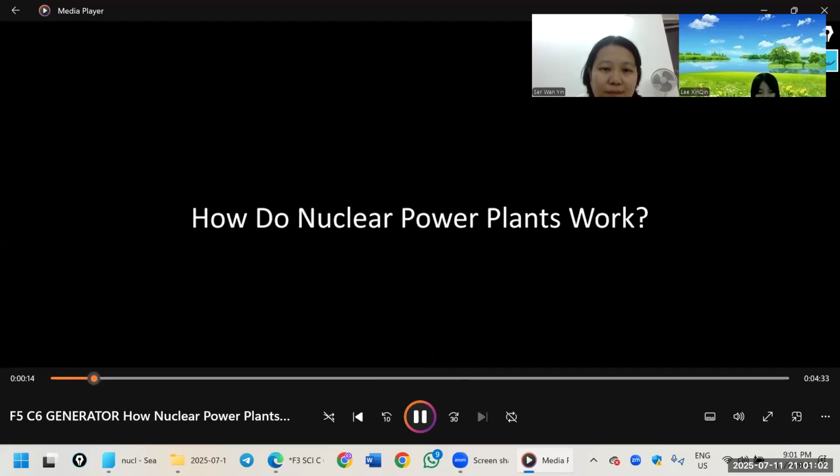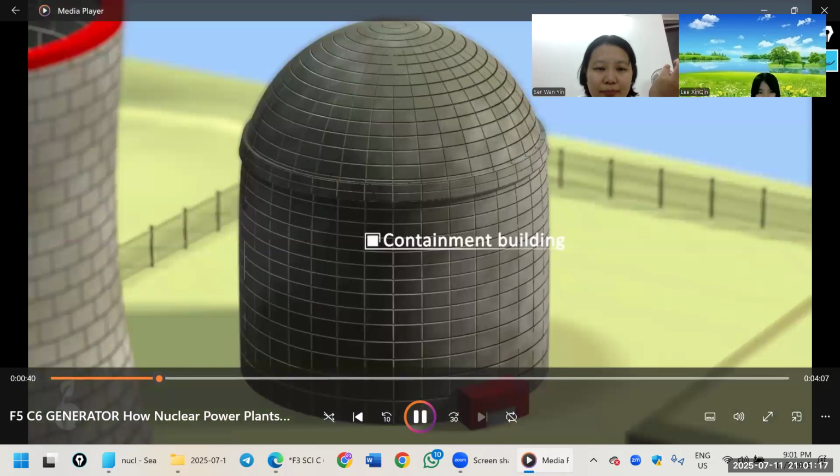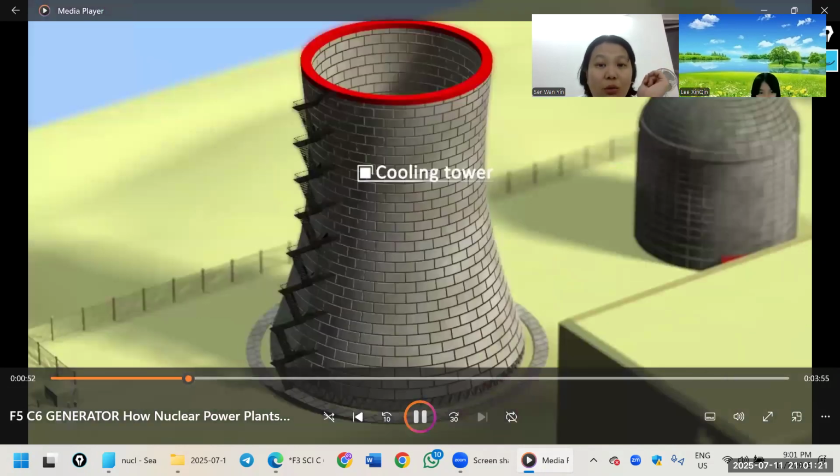So they say a nuclear power plant is a thermal power plant too, because we heat up the water and it becomes steam. Same thing, we also got a cooling tower, which can be as tall as 200 something meters, where hot water is cooled.